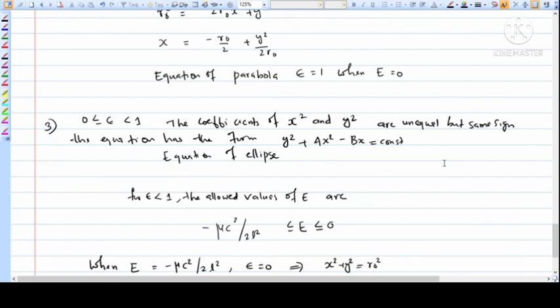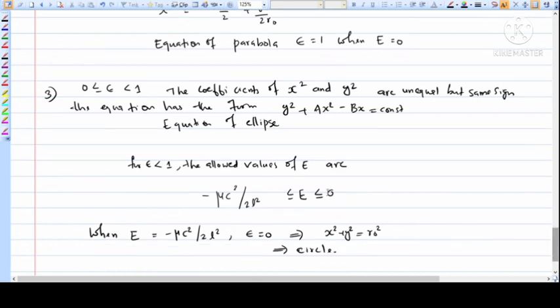parabolic in shape. So the third case, 0 less than or equal to epsilon less than 1. So epsilon is less than 1 and equal to or greater than 0. The coefficients of x square and y square are unequal but have the same sign. So look at this equation.